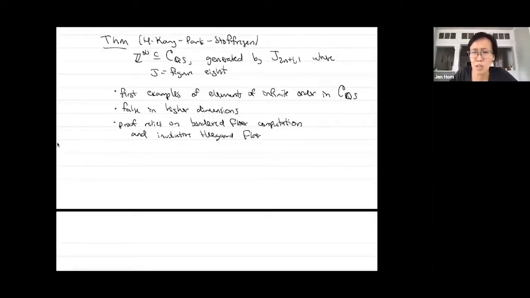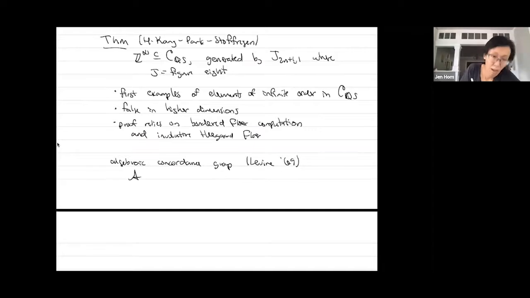All right, so what was one of the earliest tools for studying the knot concordance group? One of the earliest tools was the algebraic concordance group, defined by Levine in the 60s. The algebraic concordance group is generated by Seifert forms. You take a Seifert surface for your knot, and then you look at the linking form on H1.